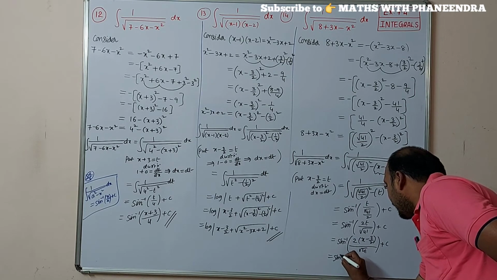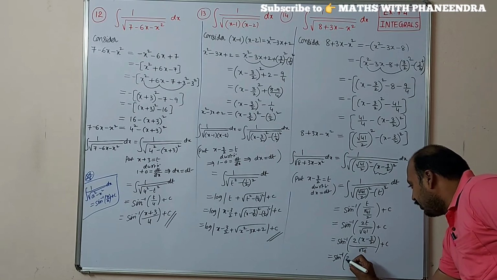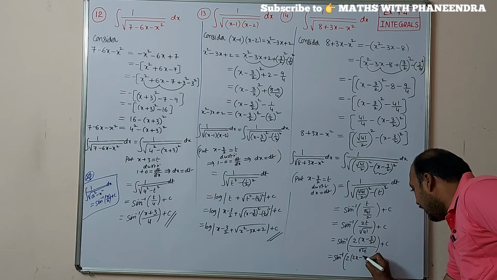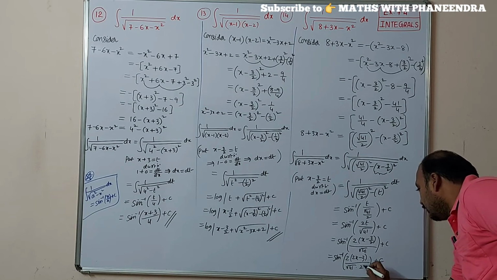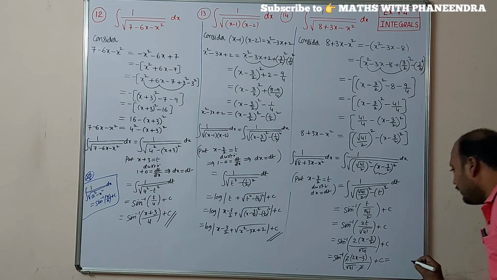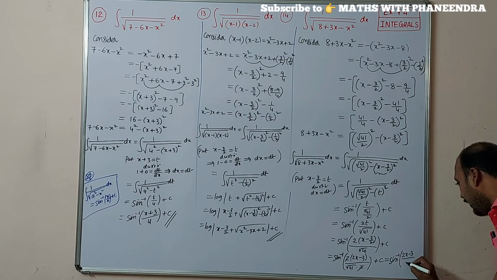So directly we will write it as sine inverse of, after taking LCM here, 2 into 2x minus 3 by root 41 into 2 plus c. Here 2 to get cancelled, which is equal to sine inverse of 2x minus 3 divided by root 41.